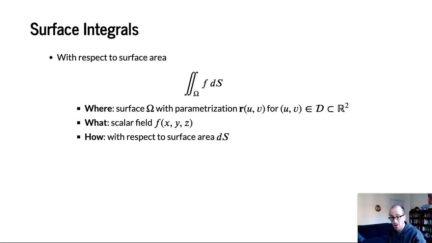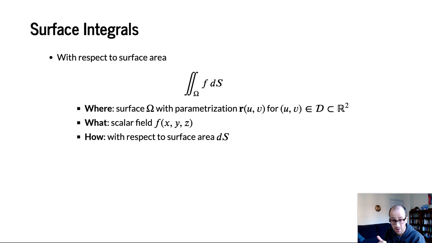And so to finish this off, for general surface integrals, there's nothing more we need, where we can put a scalar valued function into the integrand. So this is the general form for a surface integral of a function with respect to surface area.